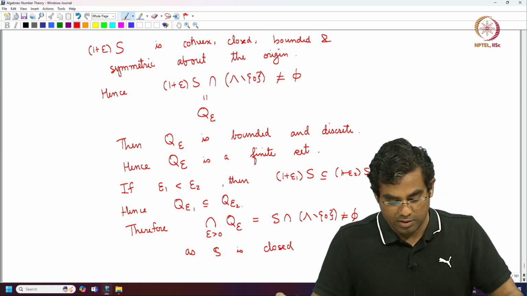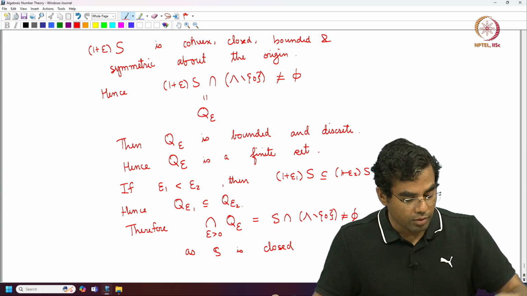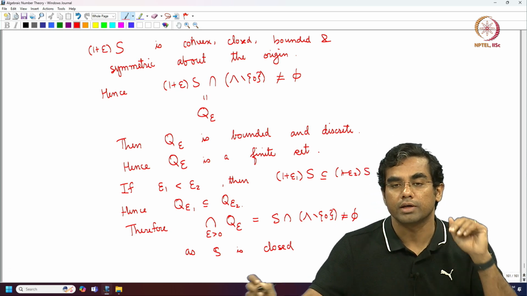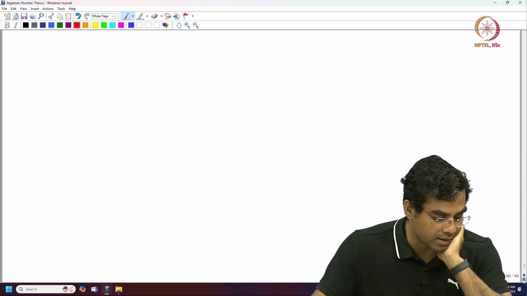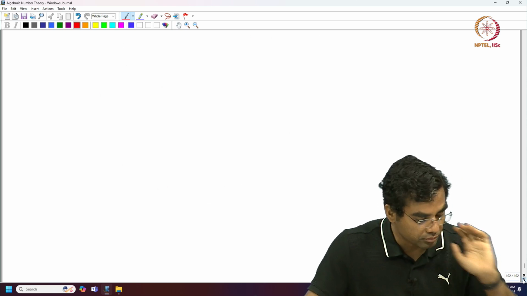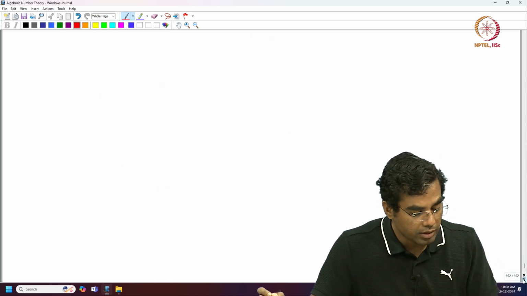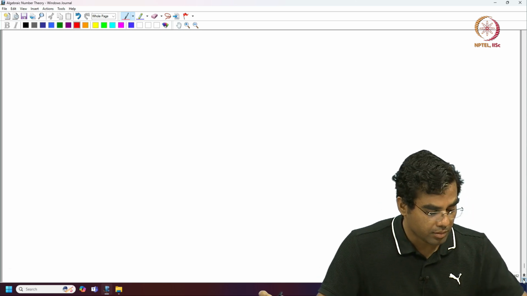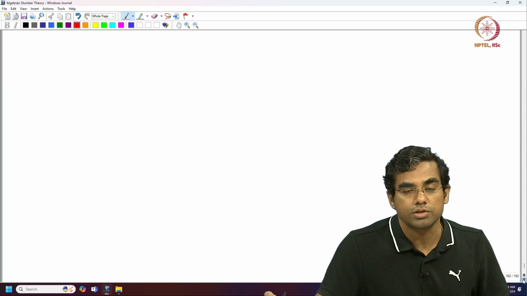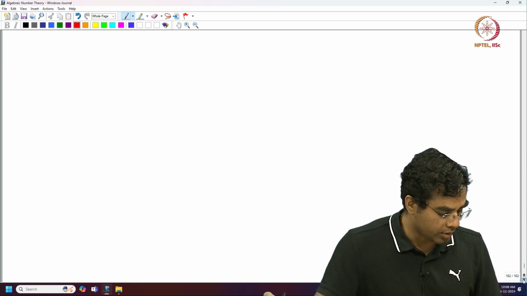Okay. All right. So, if you have a bounded closed convex subset which is symmetric about origin and has large enough volume, then we can show that it contains a non-zero point in a lattice. Okay.